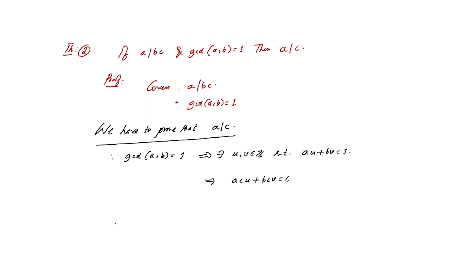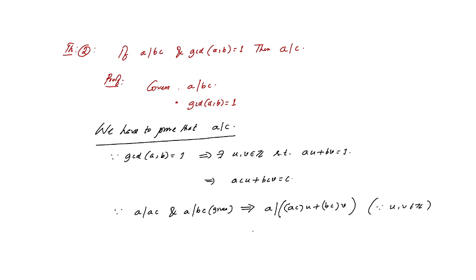Now, since A must divide AC because there is a factor A there, and A also divides BC, this part is given, that implies A must divide ACU plus BCV, because U and V are both integers.